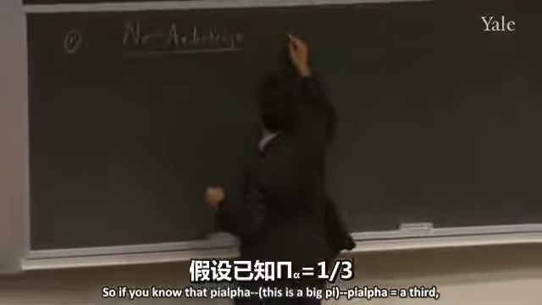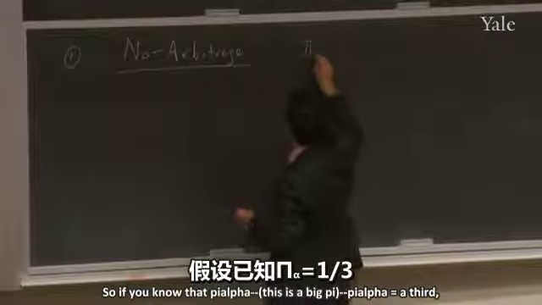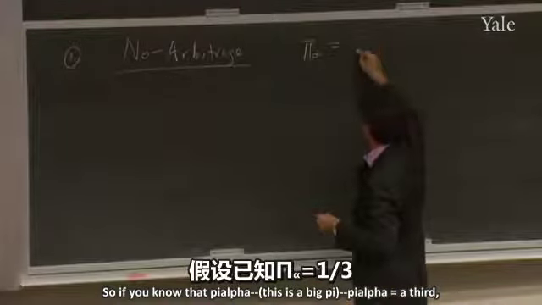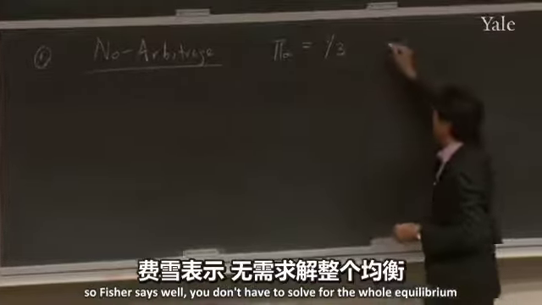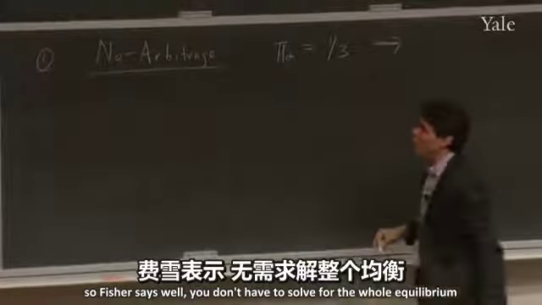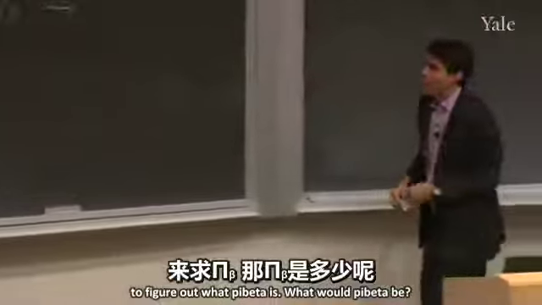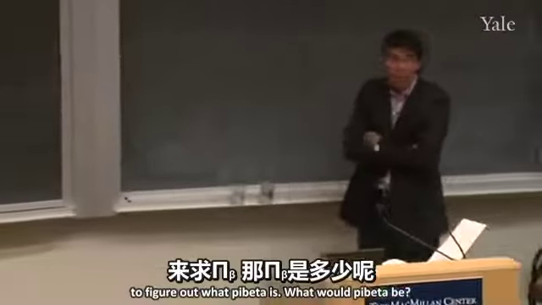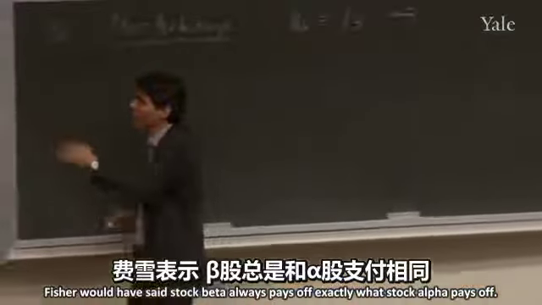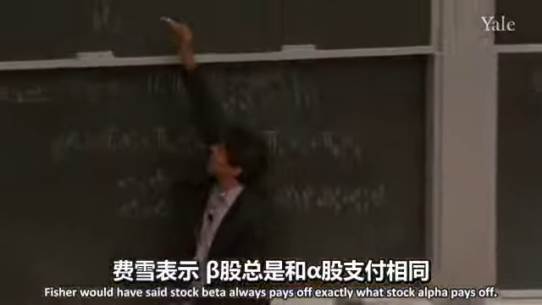So if you know that big pi alpha equals 1/3, you don't have to solve for the whole equilibrium to figure out what pi beta is. What must pi beta be? Well, Fisher would have said stock beta always pays off exactly what stock alpha pays off.